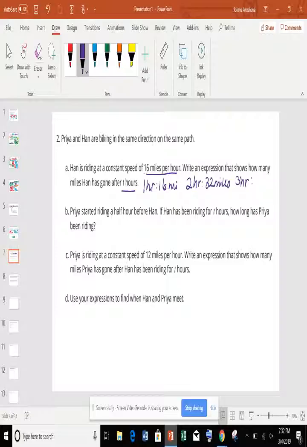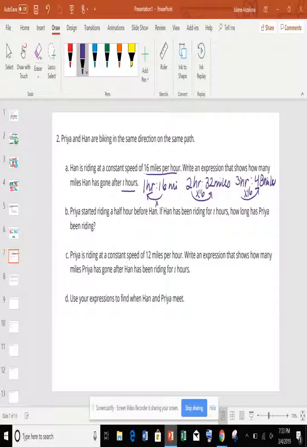3 hours would be 48 miles. And if we look at the pattern that's happening, if we take 16 and multiply it by the number of hours, we actually get, let me do that the other way. If I do 2 times 16, I get 32 miles. 3 times 16 is 48 miles.